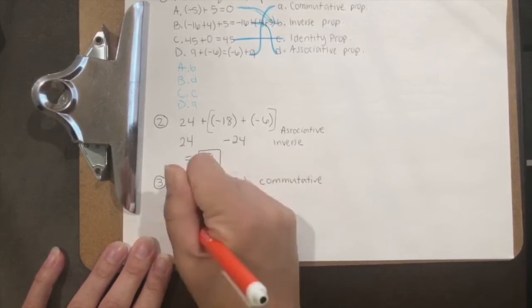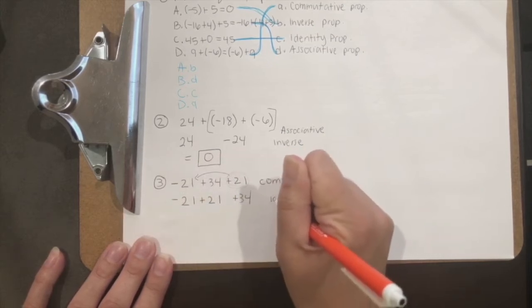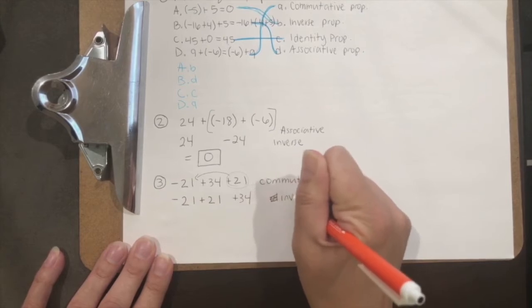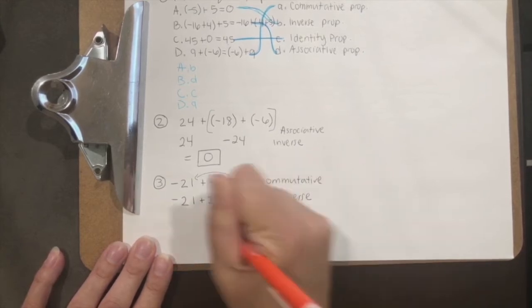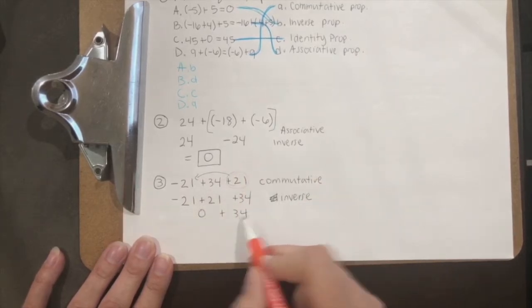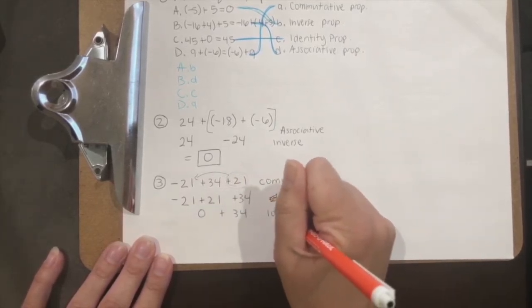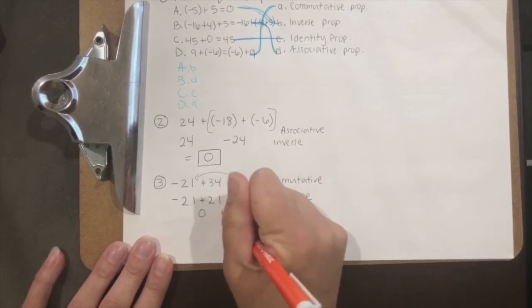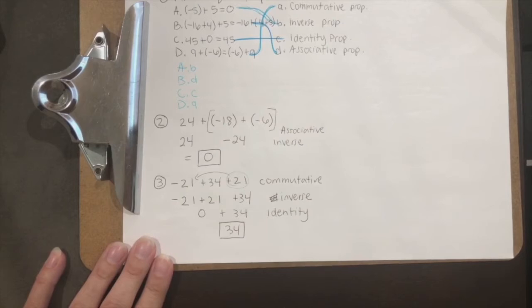So then these ones are going to cancel out using inverse. So 0 plus 34, and then 0 plus itself, identity, will equal 34. Now there's probably different orders that you can do this in, but this is the way that I see it.